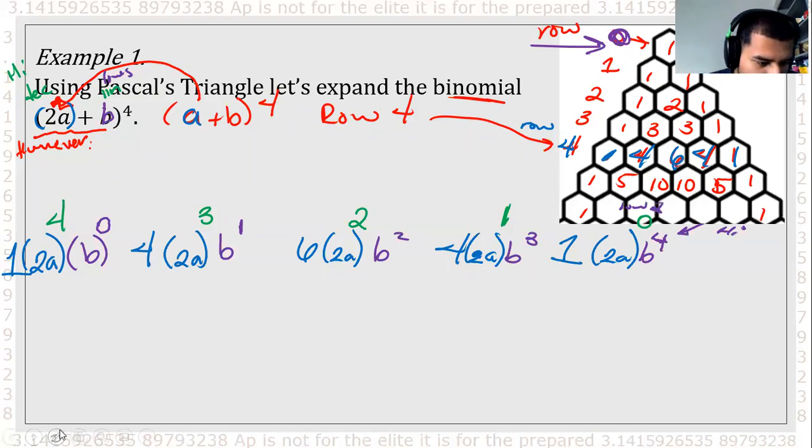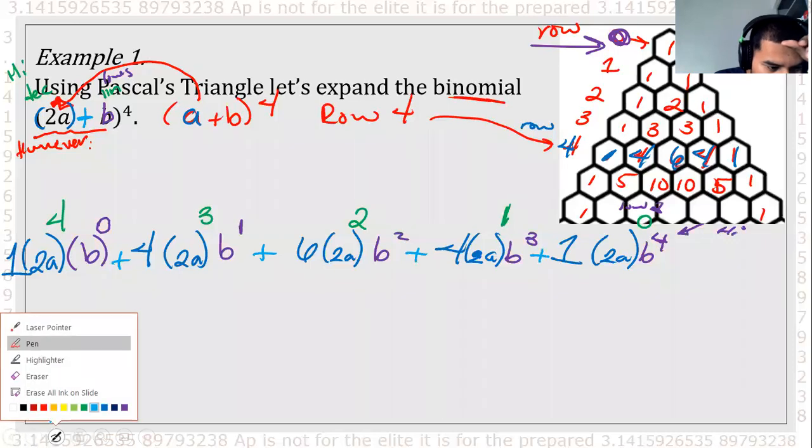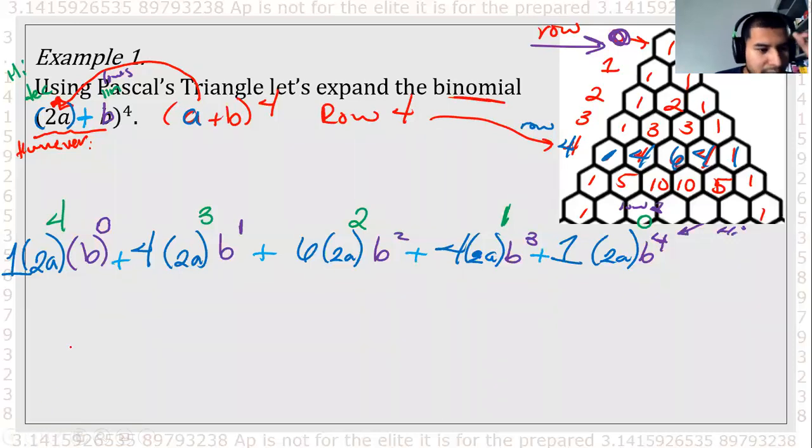Last but not least, this right here, it has a plus sign. So all of these will have a plus sign. Okay. So pretty much like Monday's homework. And what we're going to go ahead and do is pretty much combine like terms.